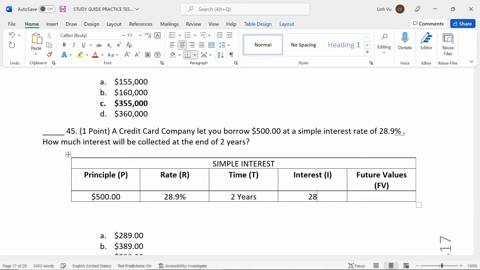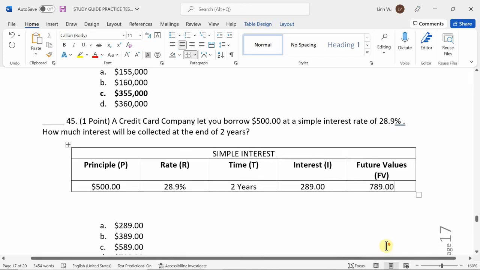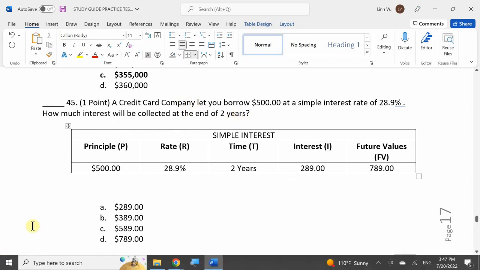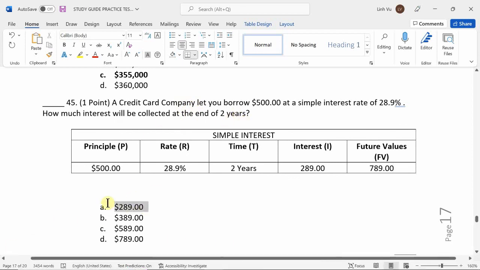Yeah, because 500 times 28.9% times 2 equals 289. Okay. So what's your future value, just in case you were asked that? 789. 789. Okay. So in this case, the question asks how much interest you would be collecting at the end of 2 years. You would be collecting the 289.